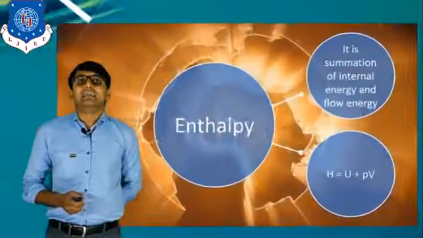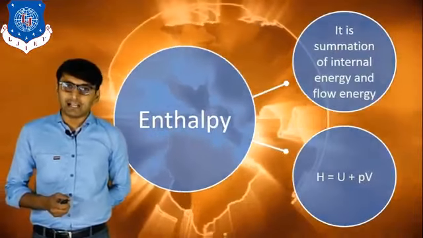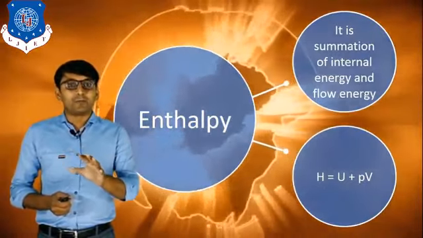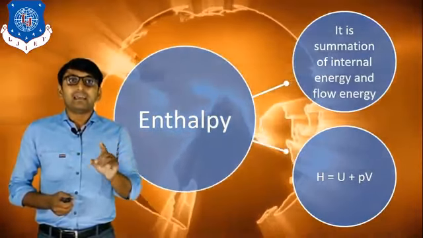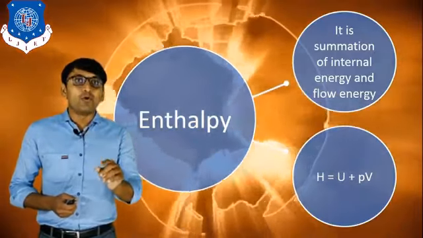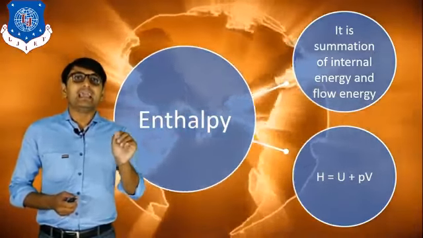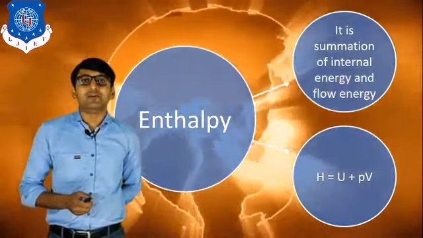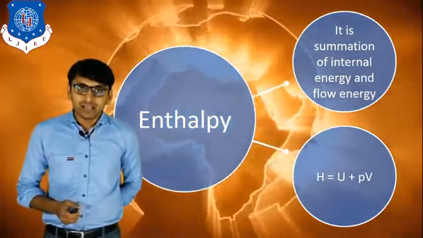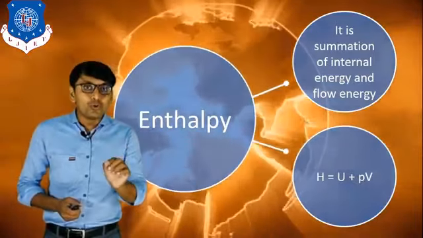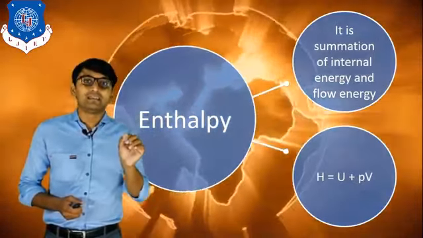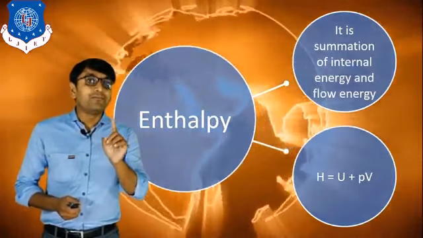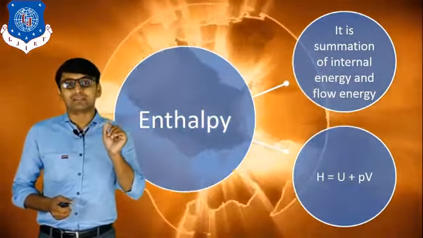Then next one is enthalpy. Enthalpy is one of the properties of a system, and it is the summation of internal energy and flow work. Enthalpy is denoted by capital H, and H is equal to U plus PV, where U is internal energy and PV is flow work.